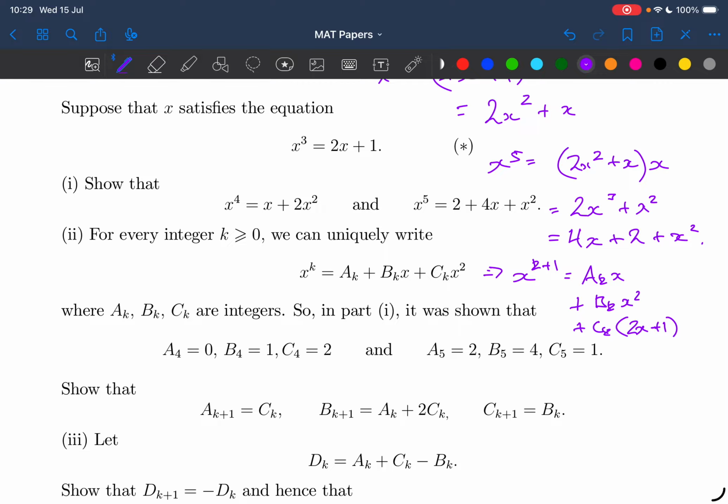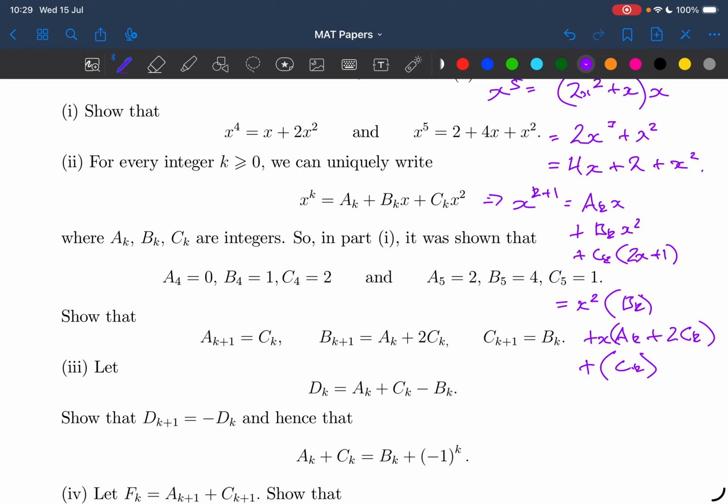So if we were to regroup everything now, how many x squareds have we got? Just the b_k of them. How many x's do we have? Well, I've got my a_k up there, and I've also got 2 c_k's lots of x. And then how many constants do I have? I have just the c_k in the term at the bottom.